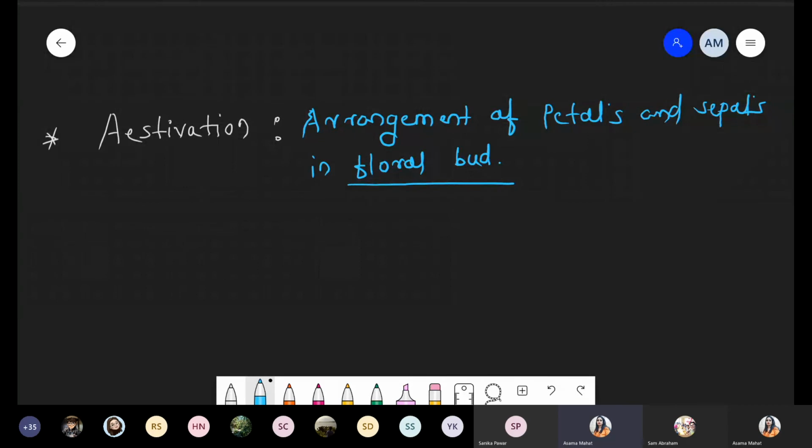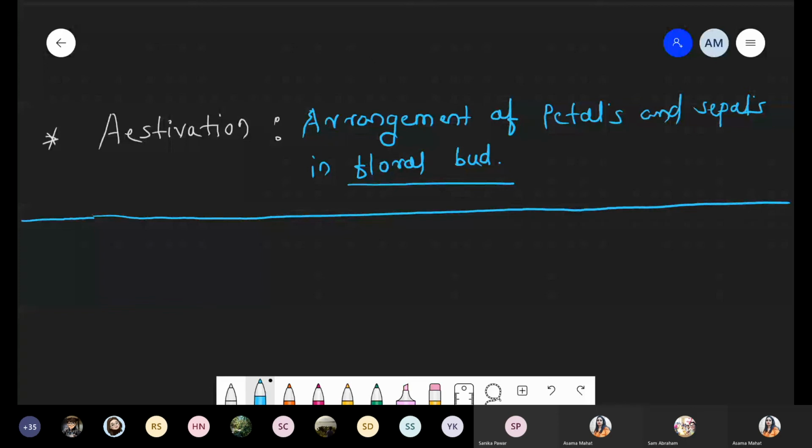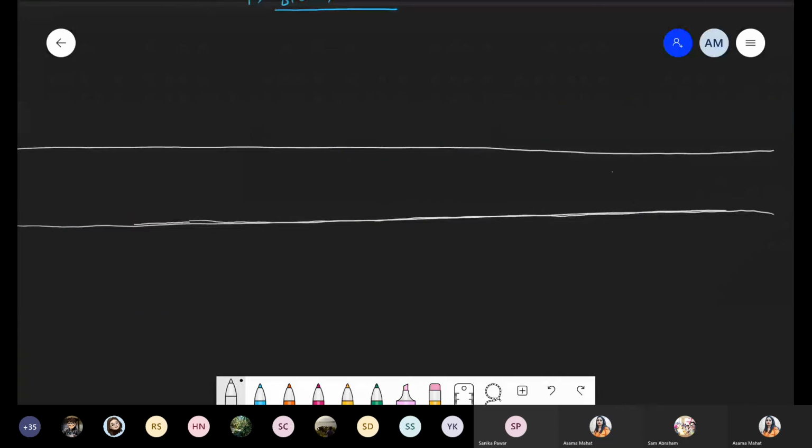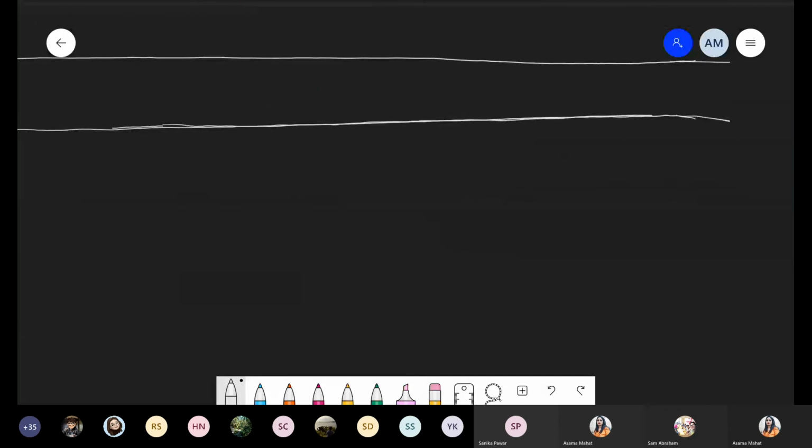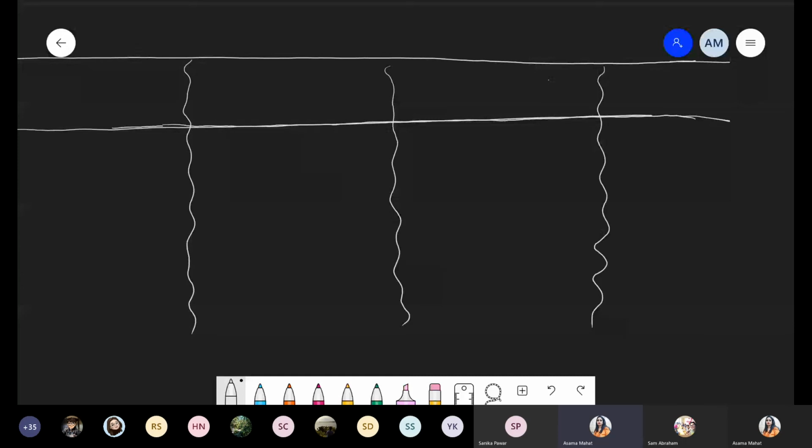So please divide your page into 4 sections. Just wait.